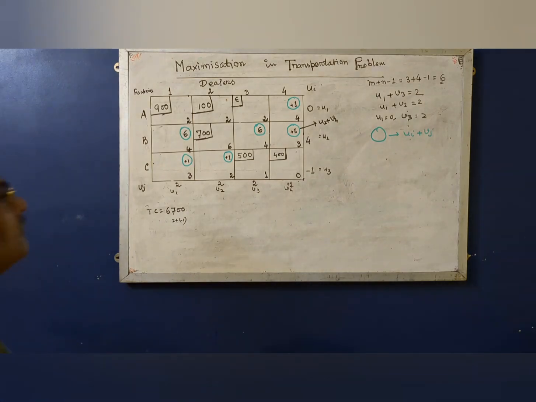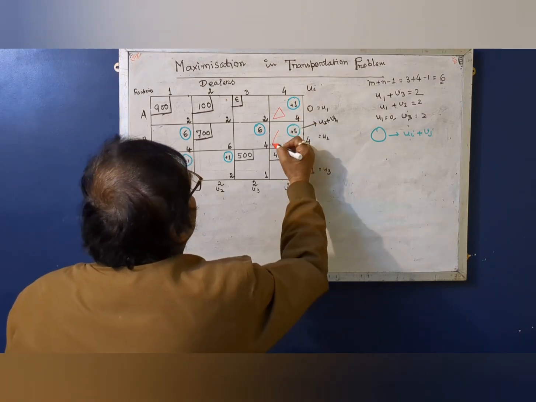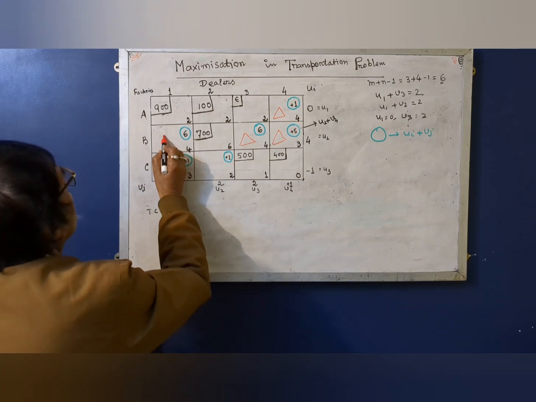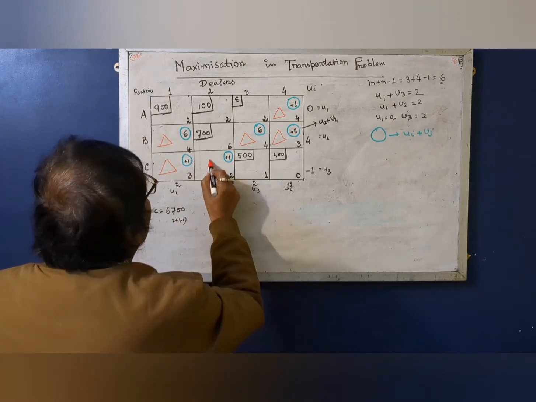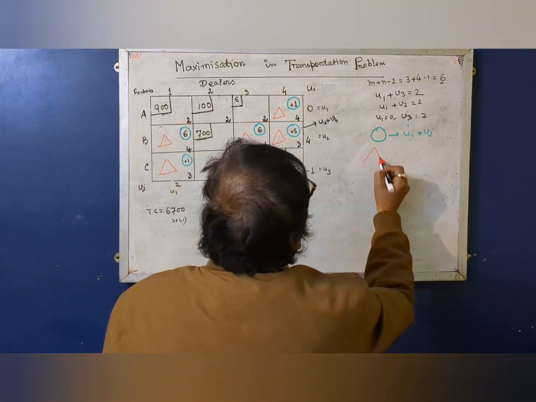Now, finally, you have to find out the net evaluations for all the non-basic cells. I am not going to discuss the details of the theory here. I am just going to discuss how we solve the problem. So what is the concept of the triangle?